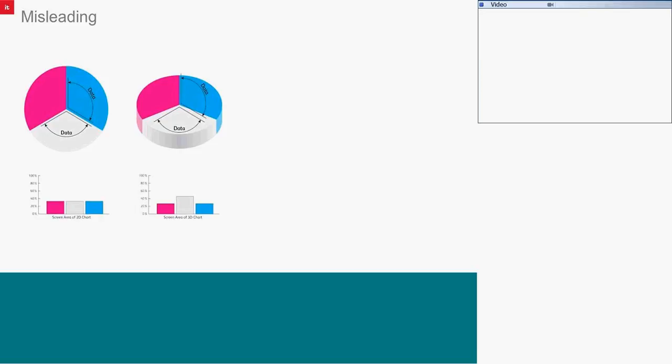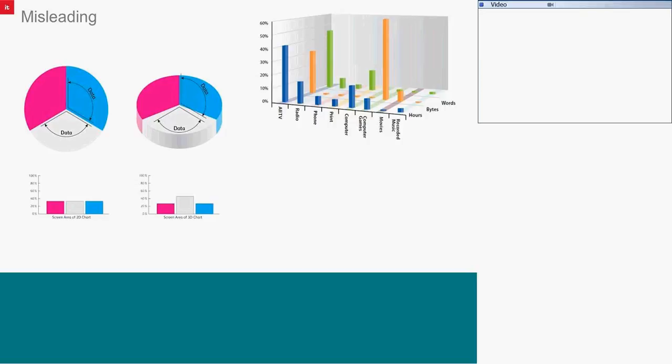A 2D pie chart would show you that each of the sections are equal, but due to the 3D quality of the pie chart, the grey area appears significantly greater to the brain than the pink and the blue. So it's just being aware of little things like that when creating visualizations.